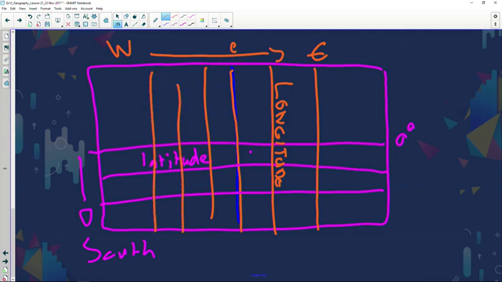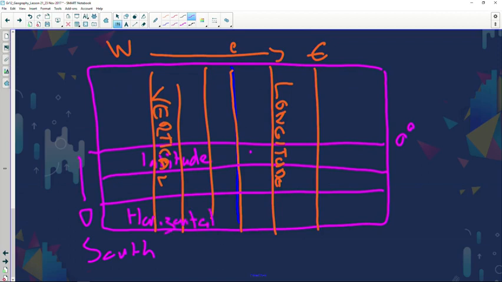Very important: lines of longitude are vertical, and lines of latitude are horizontal.